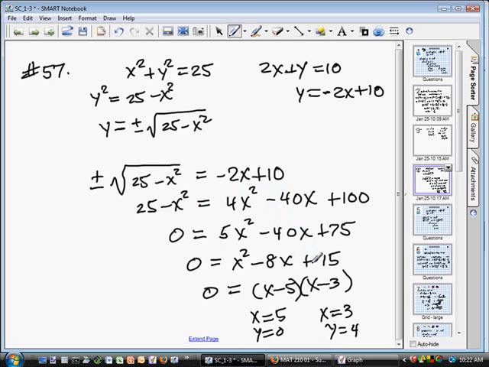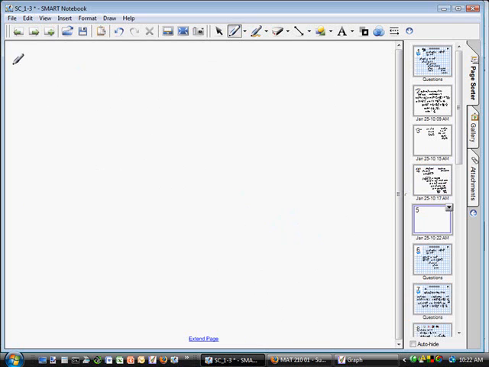Okay, remind me, what number was that? 77. What's going on in 77? Okay. Use the graphing utility to graph the equation. Use the graphing utility to approximate the x and y intercepts.